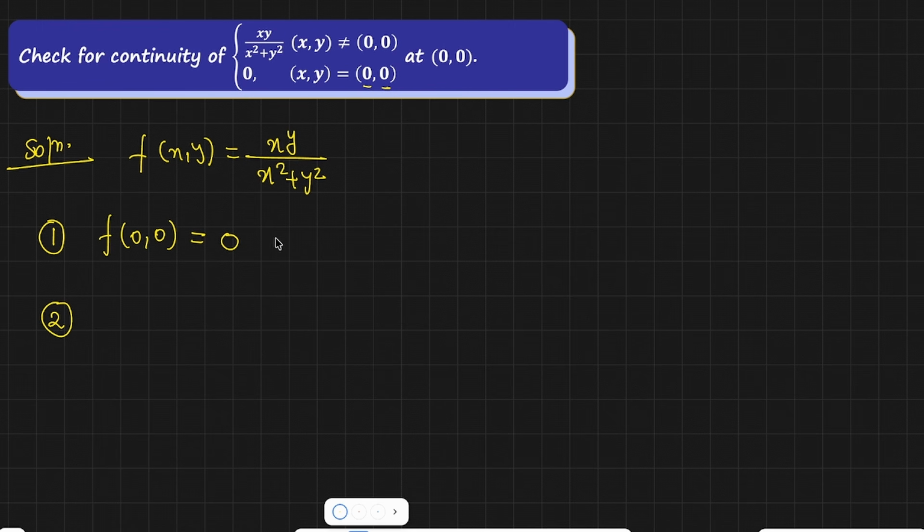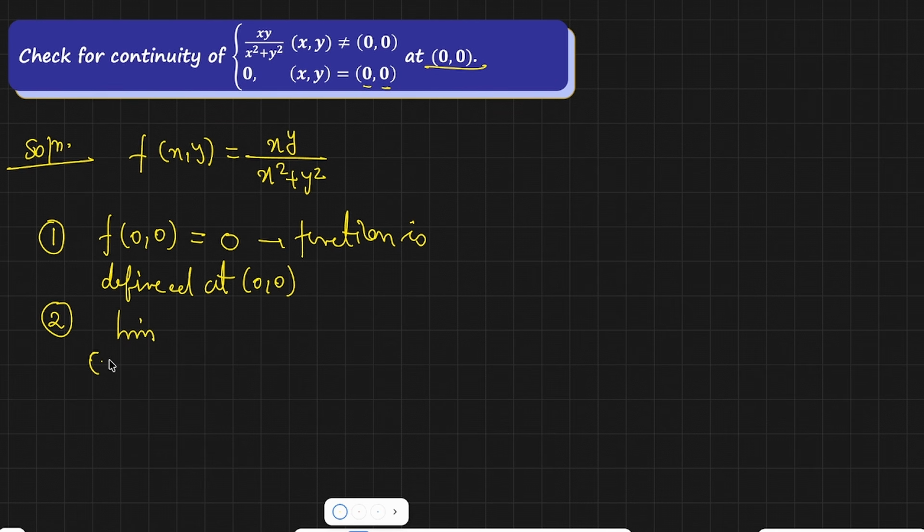Second point, it means the function is defined. What I will say is the function is defined at 0 comma 0, because I want to check the continuity at 0 comma 0. Second thing, find out the limit as x comma y tends to 0 comma 0 of xy upon x square plus y square.